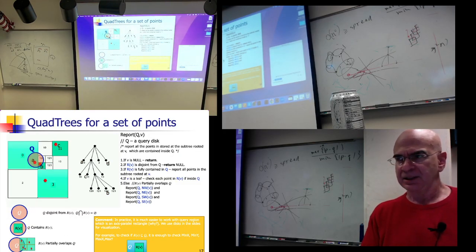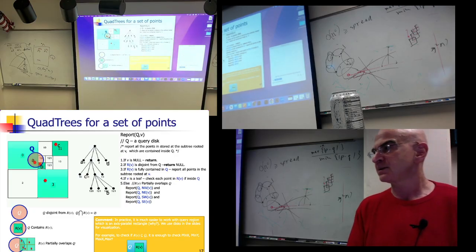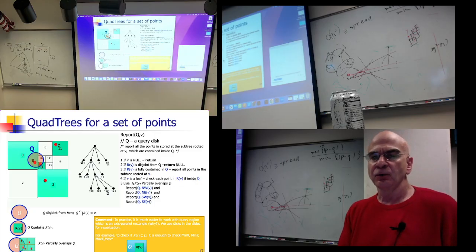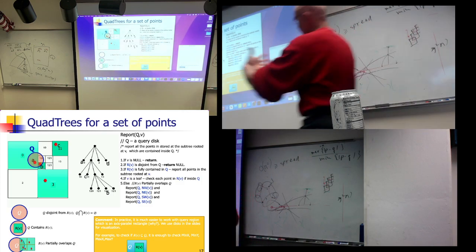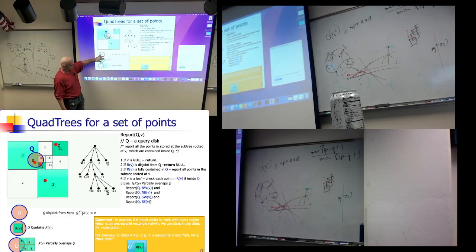What else did we store? We studied a general method to report objects in essentially any of the trees. It was here for the quad tree, but it essentially said that we have three scenarios. We have a query region. If the query region is disjoint from the region of a node, then they have nothing to do together, leave them alone. If the region of the node is fully inside the query region, then every point in the subtree of v is relevant for the query.